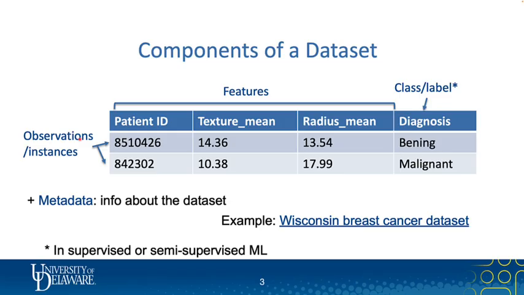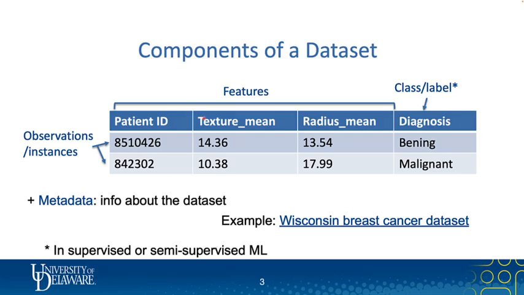It's basically the individual record or row in the data set, and in this case it is data from a patient, for the different patients. The different columns in this case, except for the last one, which is the diagnosis, are called features or inputs. These are the attributes or variables describing the data points.